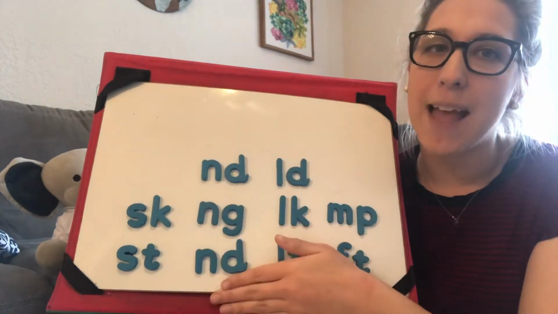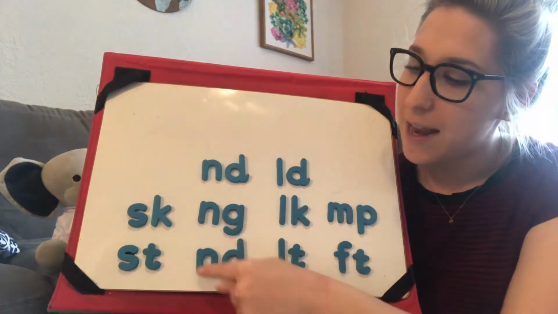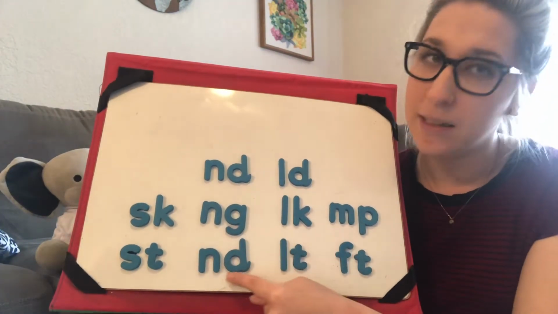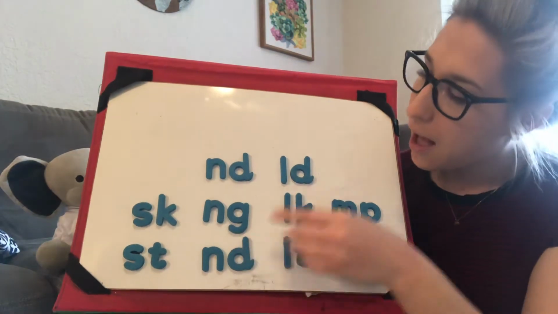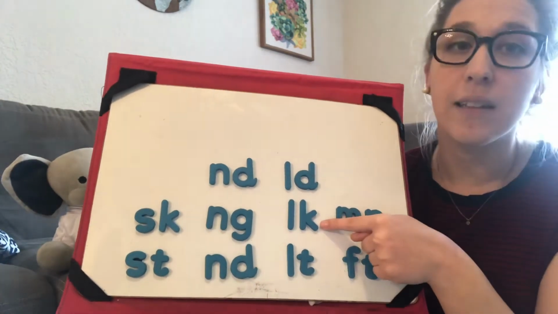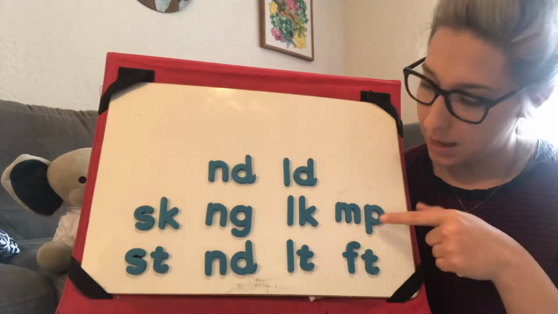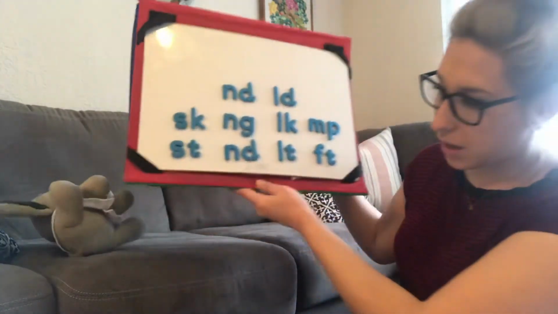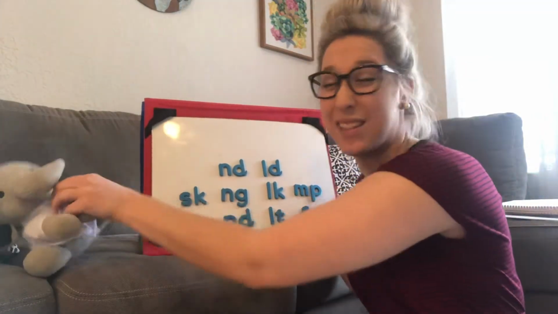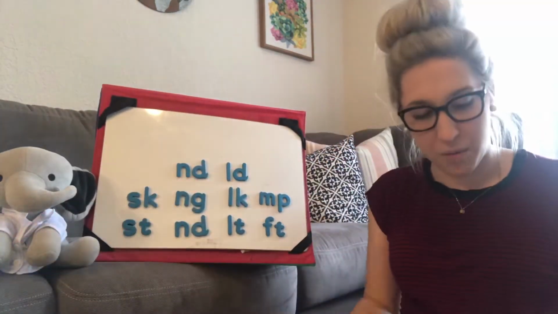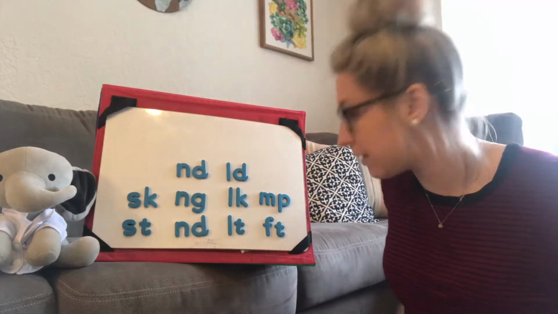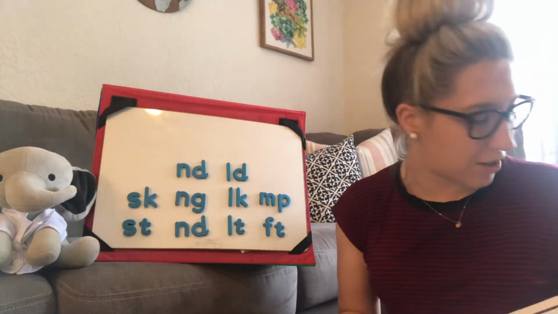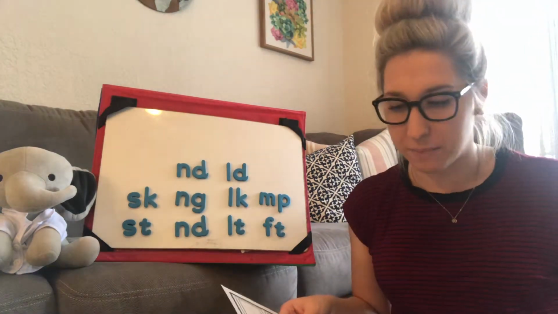A lot of blends that happen at the end of words are nd, ng, old, ulk, ult, and mp. They're a lot easier to say, I promise, when we have them at the end of the words, and there are other sounds at the beginning of the word.